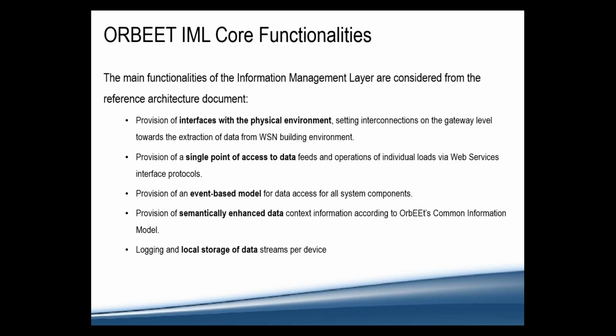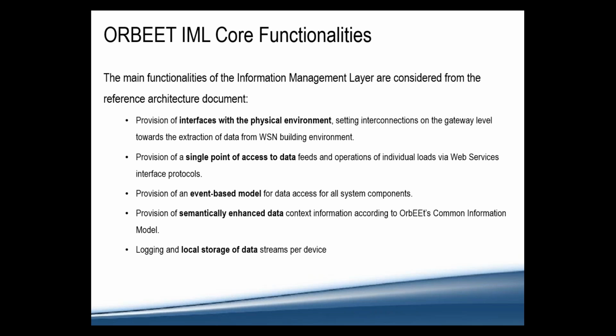So this is a summary of what the information management layer is about. It's about provision of interfaces with the physical environment, with the physical world, interfacing with the actual hardware components through a gateway device, defining a single point of access of data. So this is transparent for the rest of the system. The rest of the business applications interface only with the information management layer.